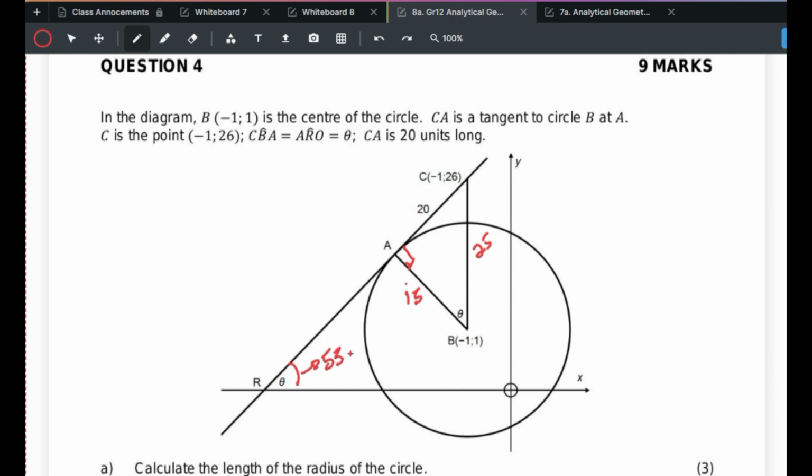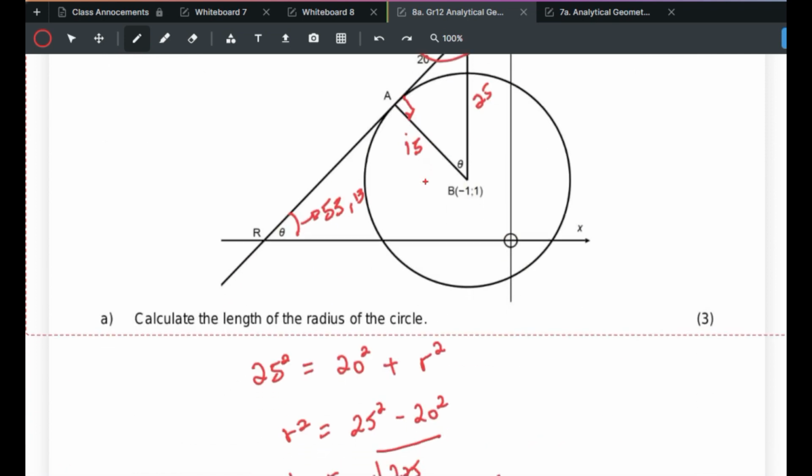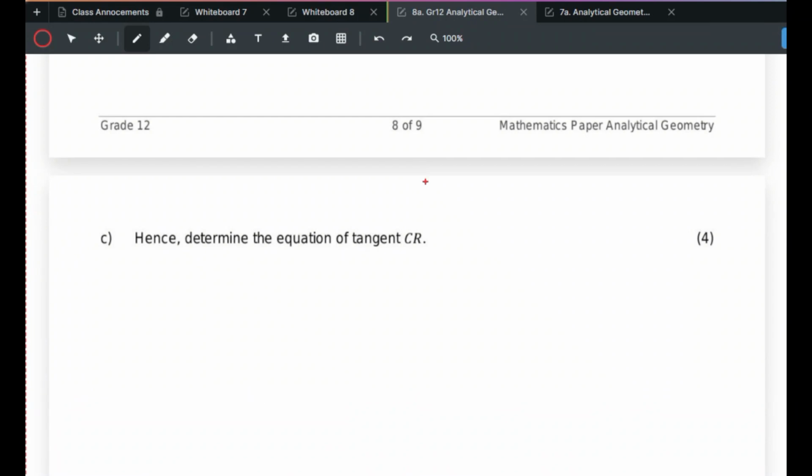So since it's 53.13, you're trying to get the gradient for this line, and that gradient and this coordinate would help you get your answer. So we go with m equals tan 53.13. What does that give you? 4 over 3.